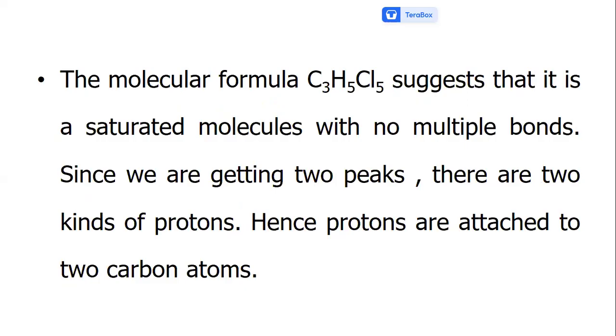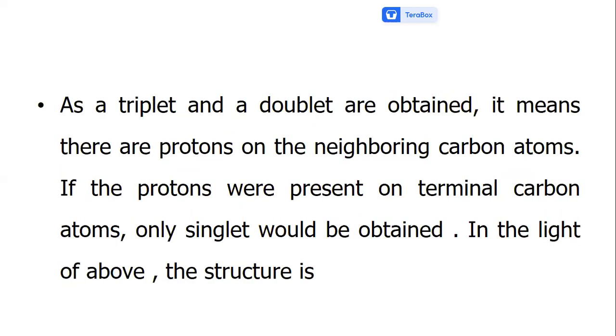The molecular formula C3H5Cl3 suggests that it is a saturated molecule with no multiple bonds. Since we are getting 2 peaks, there are 2 kinds of protons, hence protons are attached to 2 carbon atoms. As a triplet and a doublet are obtained, it means there are protons on the neighboring carbon atoms.